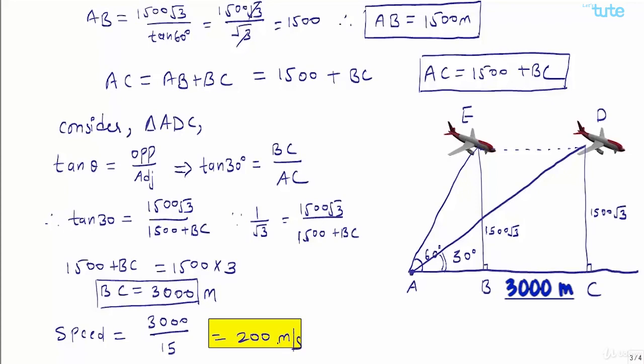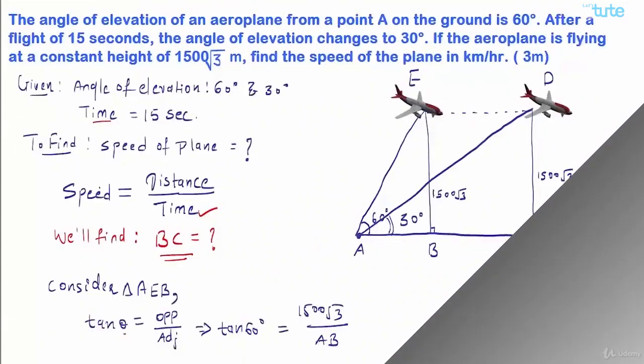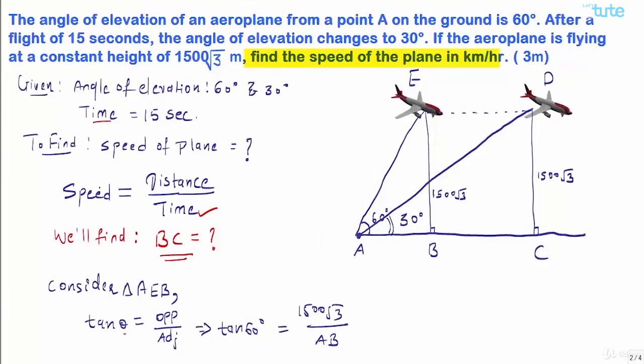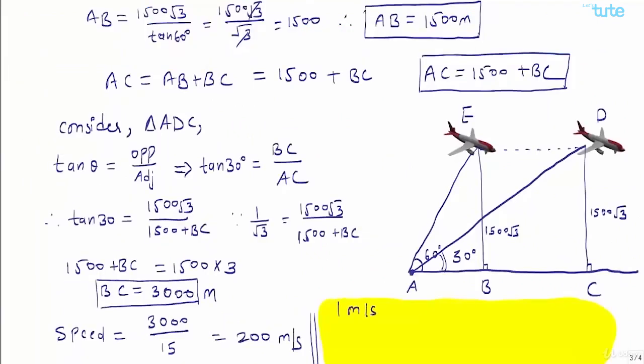But is this the complete solution? No. Friends, note that in the question we are asked to find out the speed in kilometers per hour. And also remember that if we forget this, we may lose our 1 mark. Now 1 meter per second is always equal to 3.6 kilometers per hour.